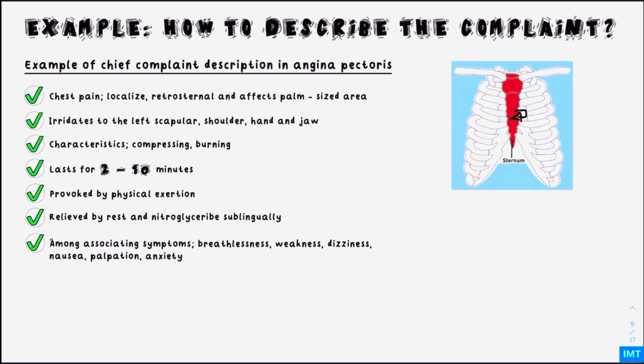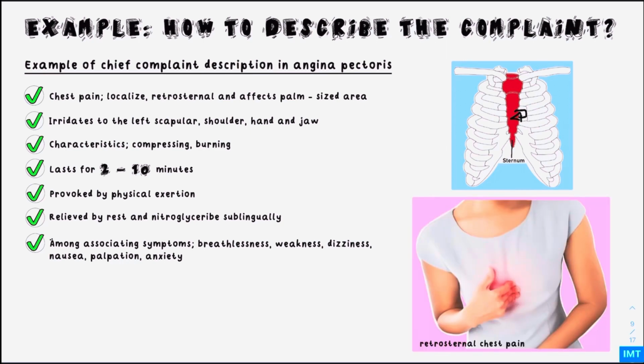Your patient will point like that, in the center, palm size, which radiates to the left scapula, shoulder, and jaw. Character: compressing, burning, lasting 2 to 10 minutes, provoked by physical exertion, relieved by nitroglycerin tablets under the tongue. Other associated symptoms: breathlessness, weakness, dizziness, nausea, palpitation, and anxiety.